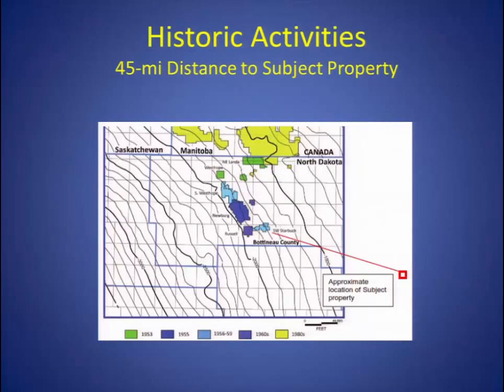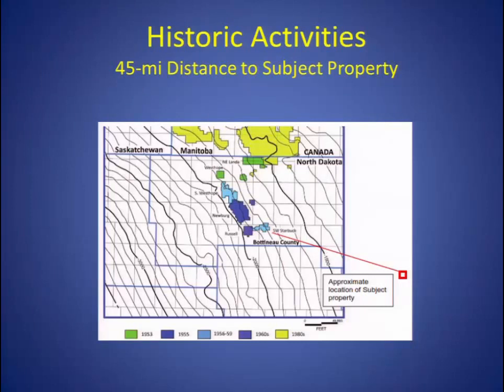So the property is here, and then we go into Bottineau County here, and in Bottineau County there is indeed the South Starbuck field. At this part here, we see the whole development history of this area. It started out in the 1950s in these parts here, and then in '55 it got into this area here, and then the Starbuck and this West Hope field came about in the late 50s.